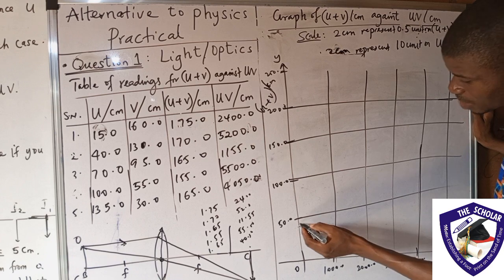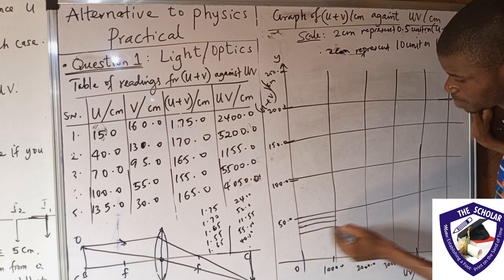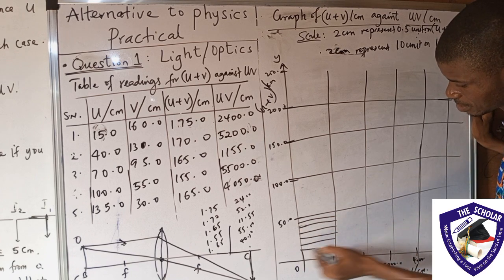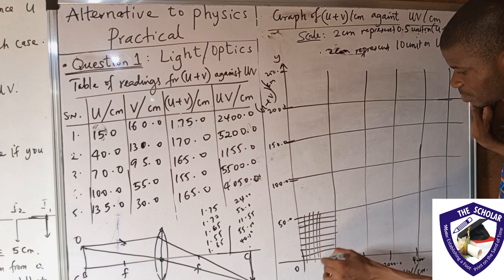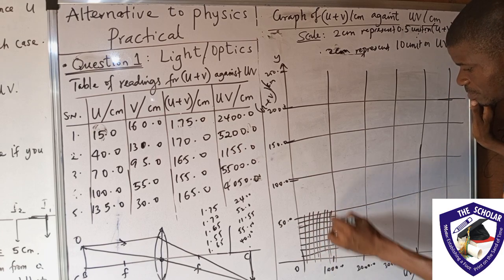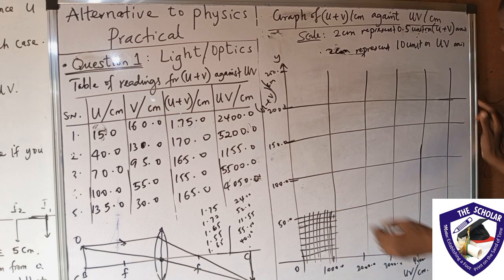Remember that for the box here we have 10 spaces. So that's what we have here.